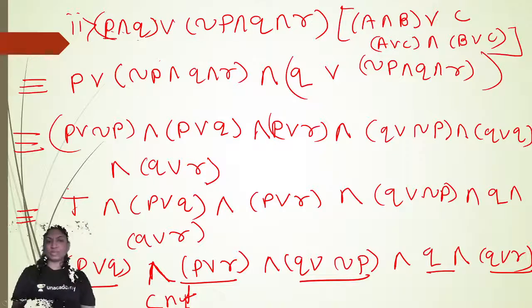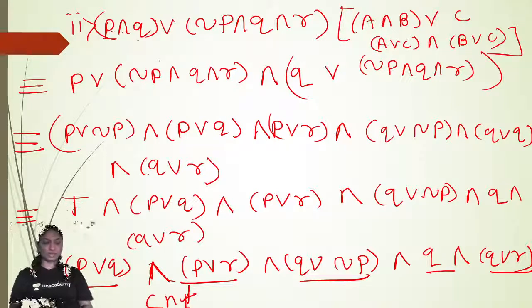If P is true, then negation of P is false, and if any one of them is true, then the statement is true. It is false only when both are false. But if P is true, then negation of P is false, and if P is false, then negation of P is true. So at least one of them is true.